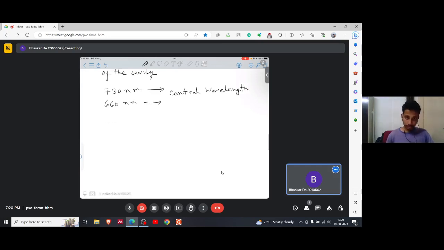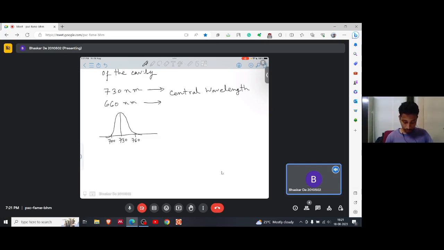But if you check this laser beam with a spectrometer, you will see that the profile of this beam is like this. Here it is 730, and when you check, you can see that this part is around 760 and here it is 700.